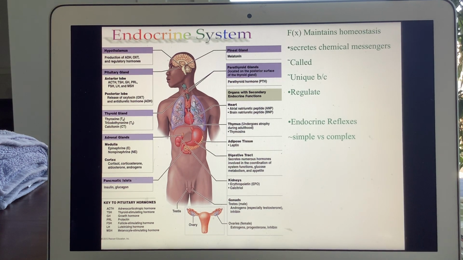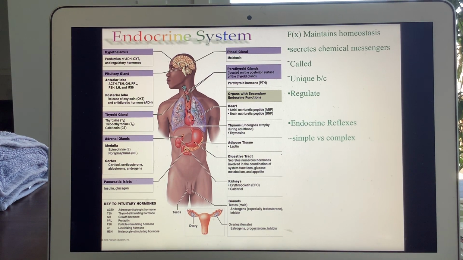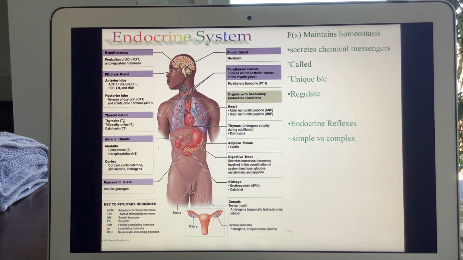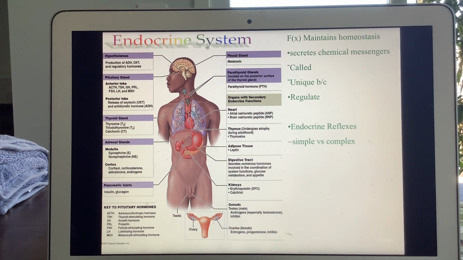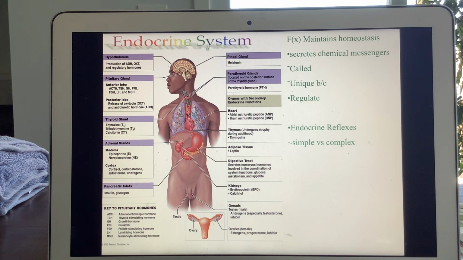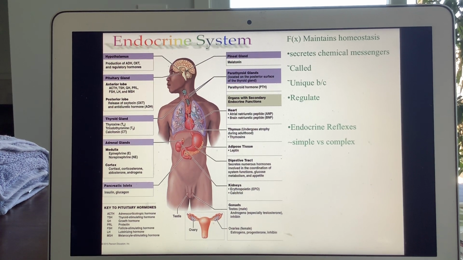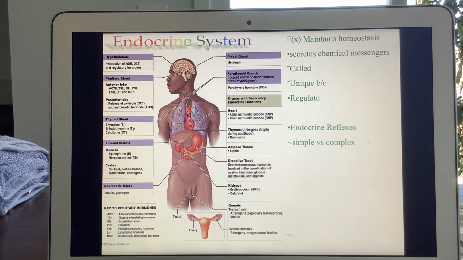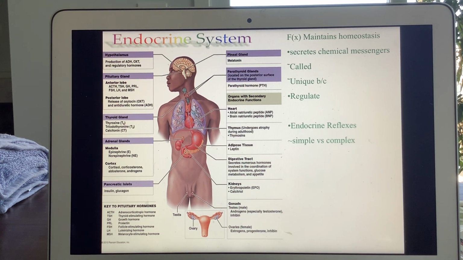When we talk about complex endocrine reflexes, they involve more than one hormone. So you'd have endocrine organ 1 is going to secrete hormone 1 that acts on endocrine organ 2 that's going to secrete hormone 2 that's going to act on endocrine organ 3.